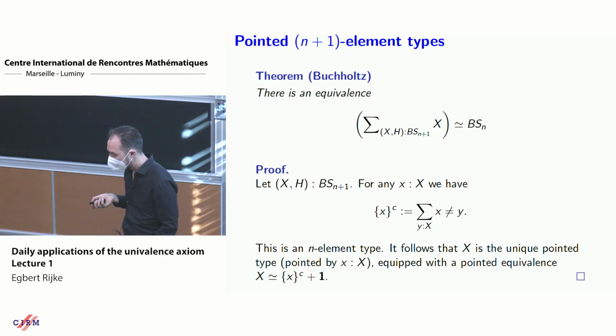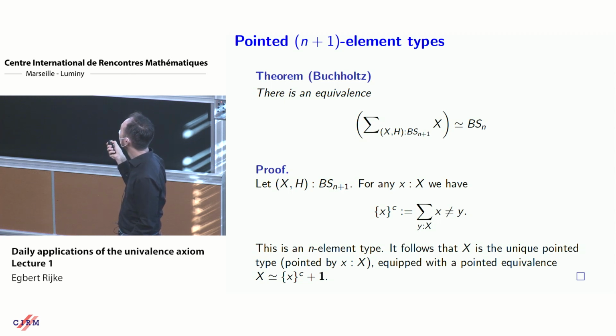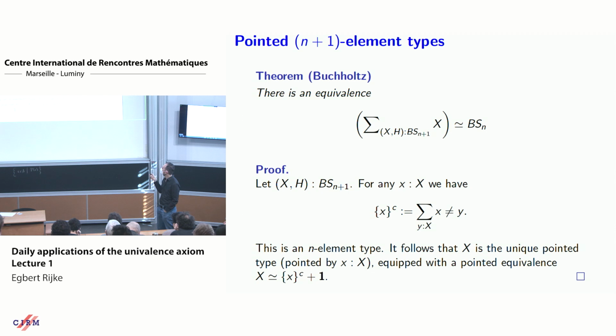This is an observation I learned from Ulrich, but he said this morning you can attribute it to me, but it really is a really simple thing. The groupoid of all pointed n+1 element types is equivalent to the groupoid of all n element types. So this again uses some univalence in the background.